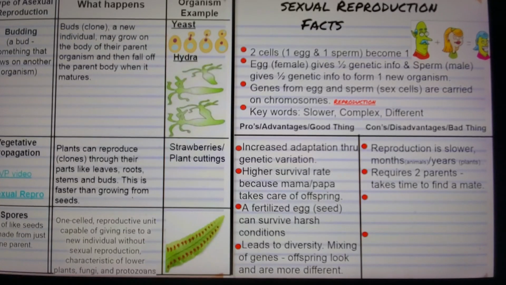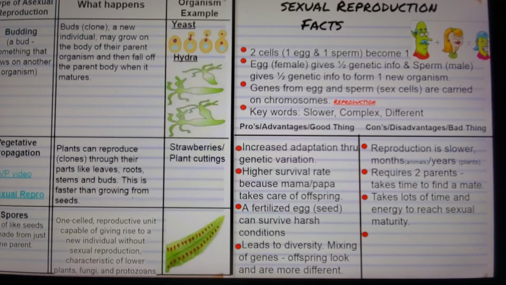It requires two parents. Sexual reproduction requires a male sperm and a female egg, and sometimes finding a mate is not that easy. It can take days to months to find a mate. That takes a lot of energy and might cause them to have to fight or defend. It also takes a lot of time and energy to reach sexual maturity.